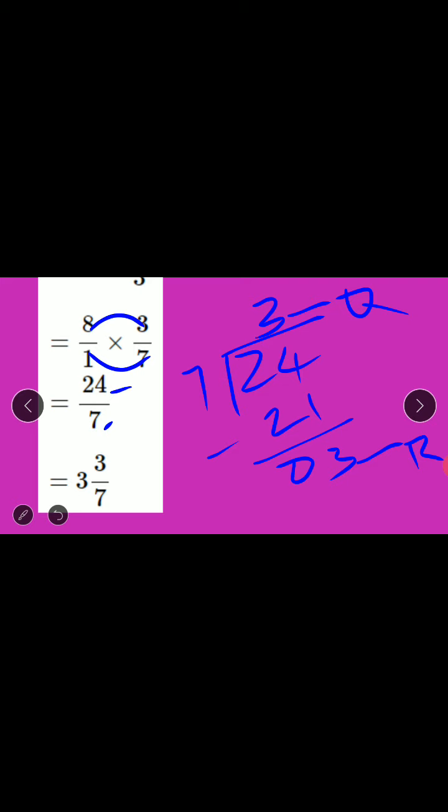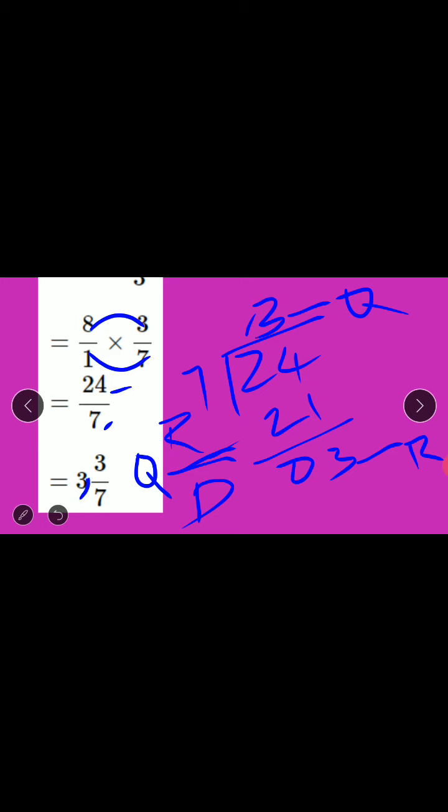So when you get the answer as improper, to change into mixed form, let's divide like this. Let's find out the quotient and remainder, and we are going to write the answer in Q, R by D form. So Q is what? Quotient. What is the quotient here? 3.